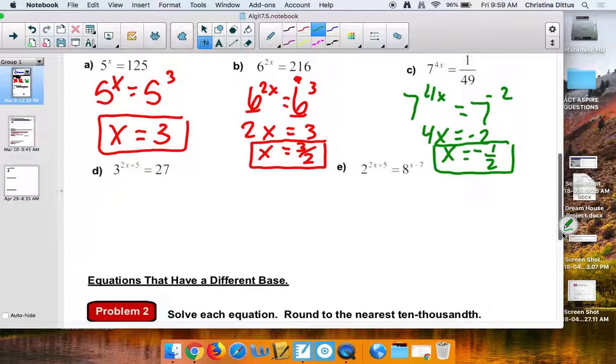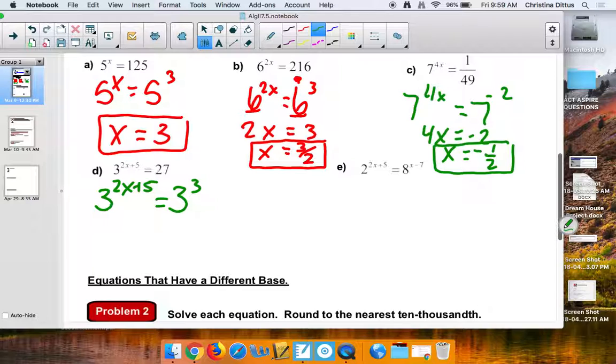Okay. What about D? I want to make it as a base of what? 3. So 3 to what power gets me 27? You said 20? 3 to the what power? Third. 3 cubed is 27.